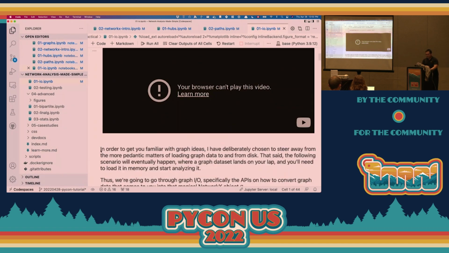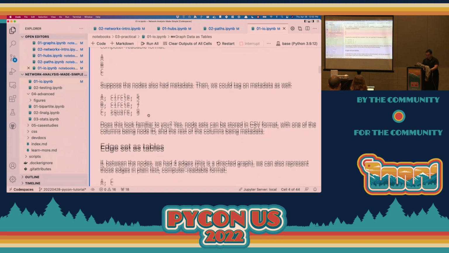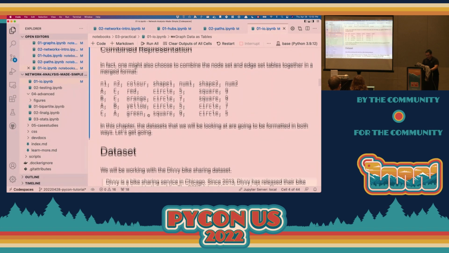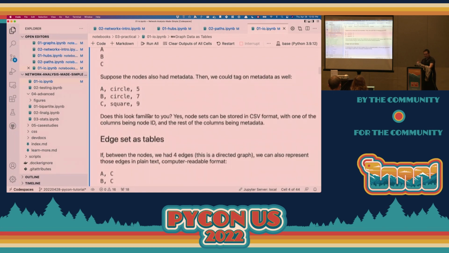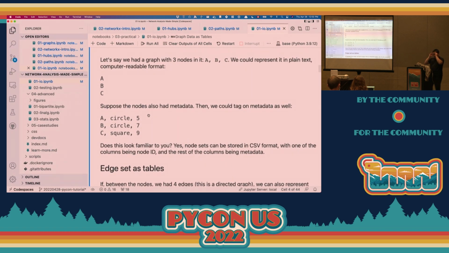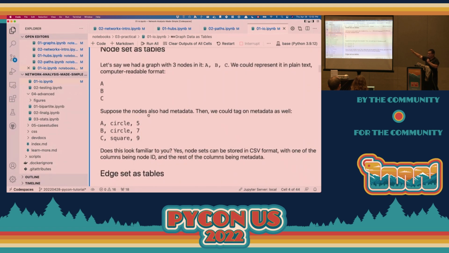I'm going to show you an example of this down here. First off, we're going to go through a simple example, and then we're going to walk through a slightly more complicated example. If you have a graph with 3 nodes, you could have them as a plain text file in which one line is one node, a node list, for example.